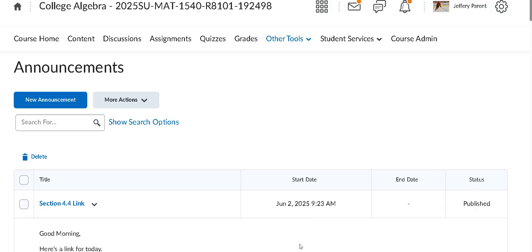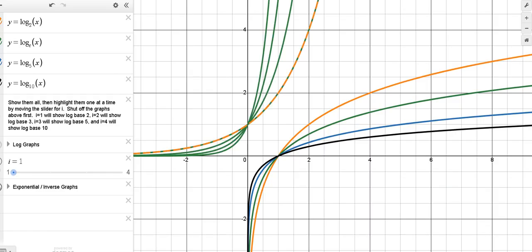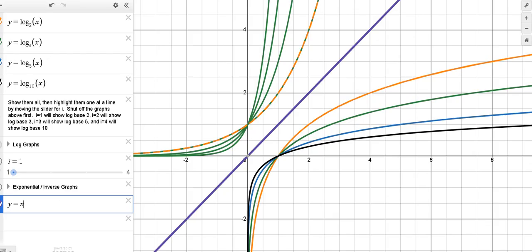So let me find, let's see, I think it's here. This is what I want. You've seen this shape before. You've seen it in the form of the exponential functions. Exponential functions are the inverse of your log function. So remember, those inverses are mirror images around each other, or around the line y equals x from each other.